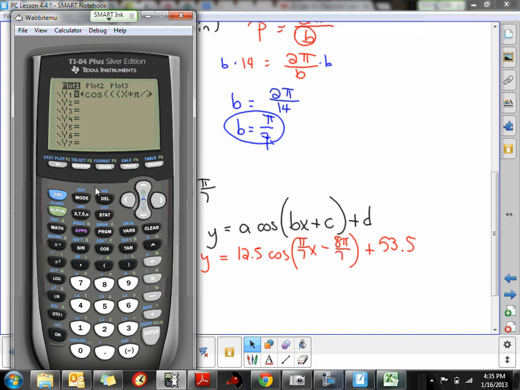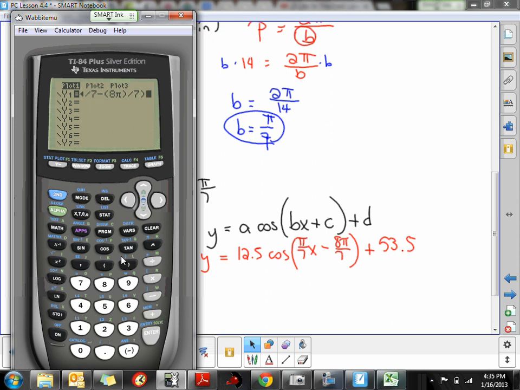I want to delete that symbol, so we've got x times pi. I want to close that parenthesis, second insert, parenthesis, divided by 7, minus, now I want 8 pi, so I'm going to put 8 second pi in parentheses. And I wanted that divided by 7, parenthesis.